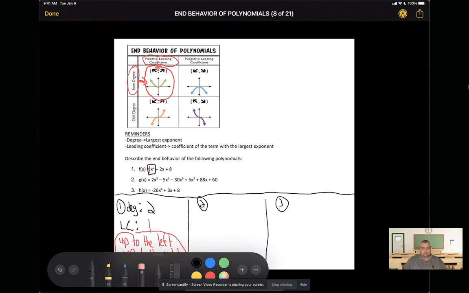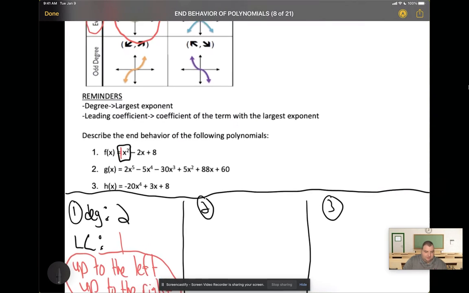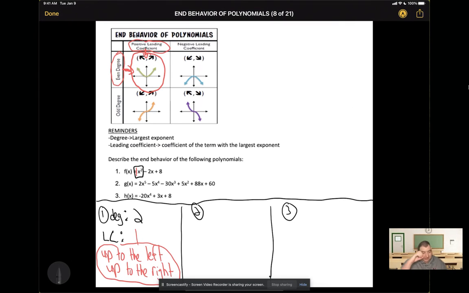So number 2, we have here 2x to the fifth minus 5x to the fourth minus 30x cubed plus 5x squared plus 88x plus 60. So what is my degree here? What is my largest exponent?